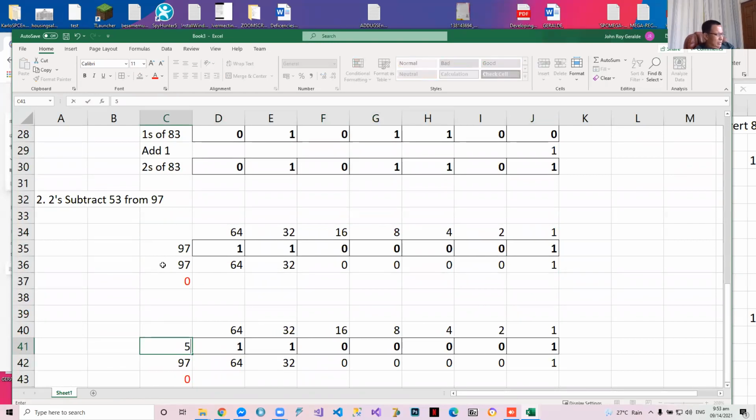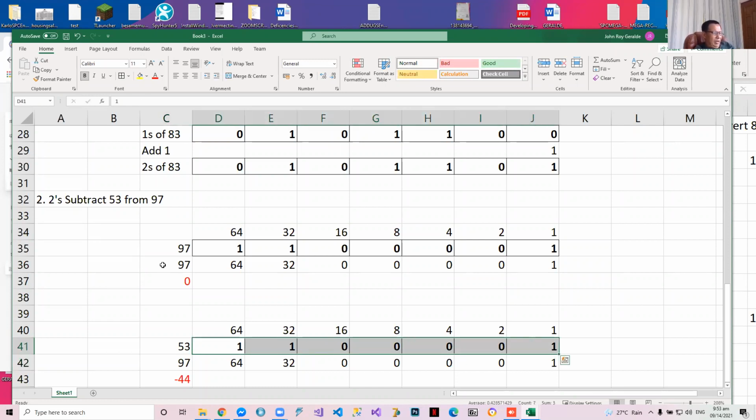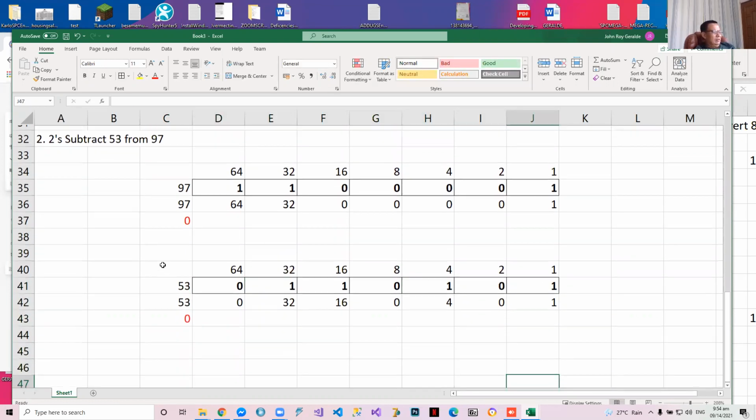The bigger number is, remember, 97. Okay, so we don't need a 64. Okay, we need a 32. We need a 21, so we have a 16. Okay, 16, and we have a 5, so we'll have this as 0. Okay, they follow.